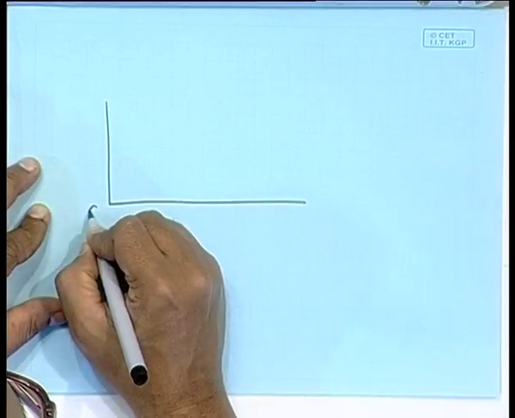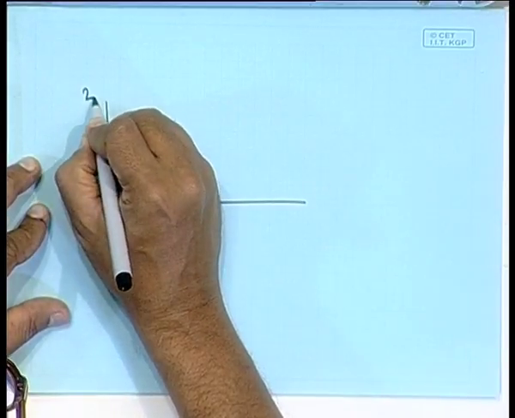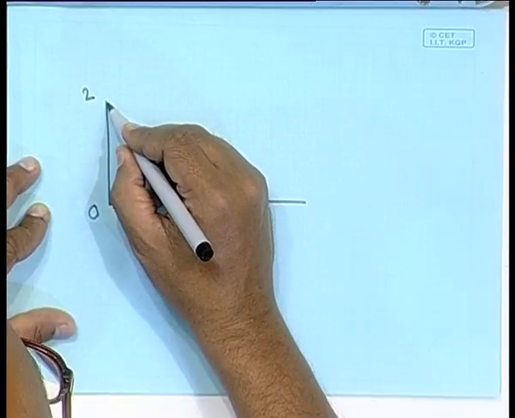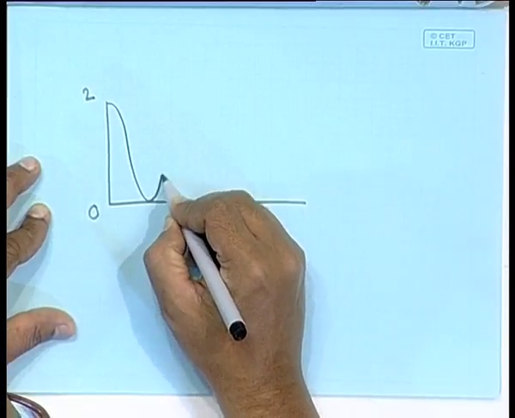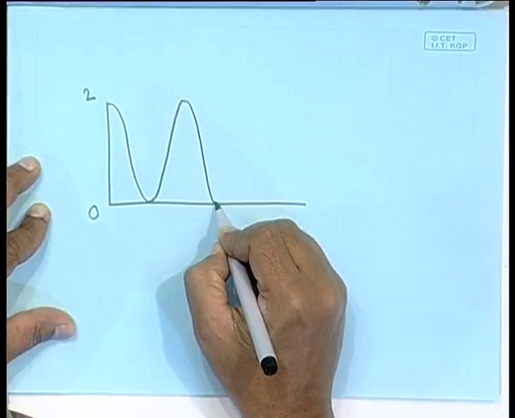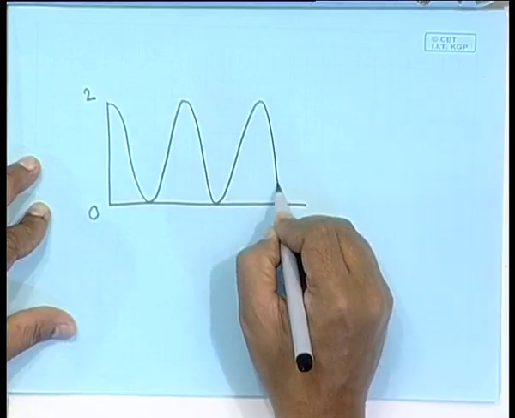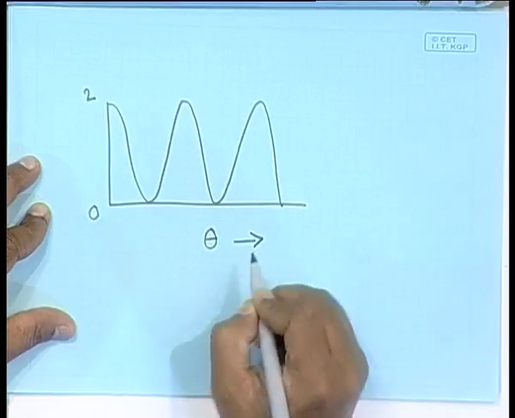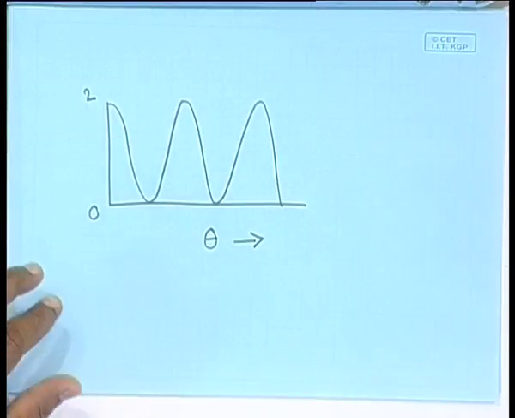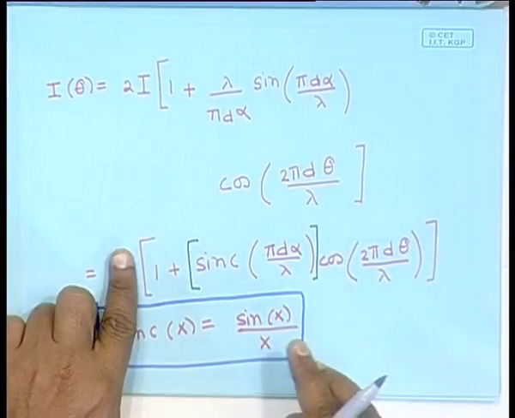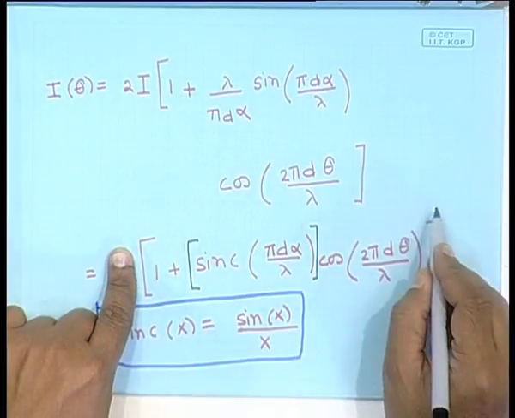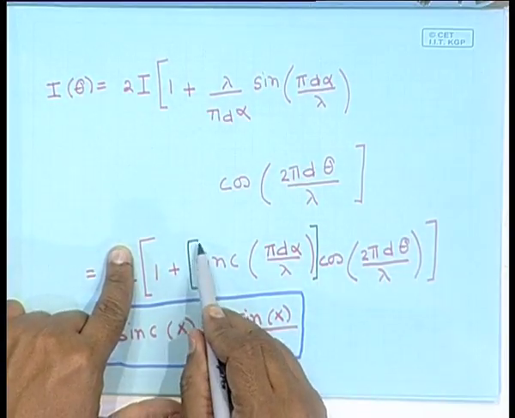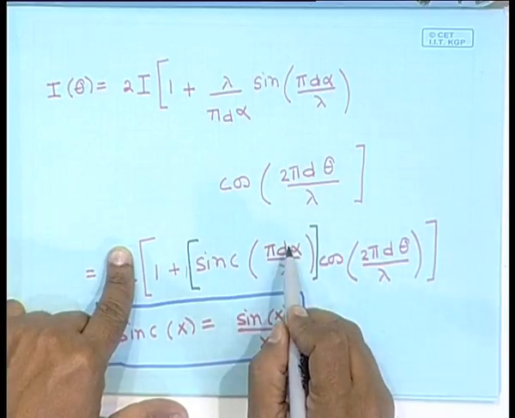The minimum value is 0, the maximum value is 2, and the pattern looks like this. What I have plotted over here is just the term inside the square bracket when the source is a point source, when alpha is 0.